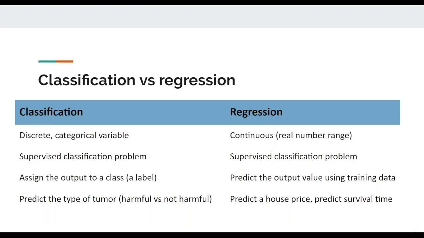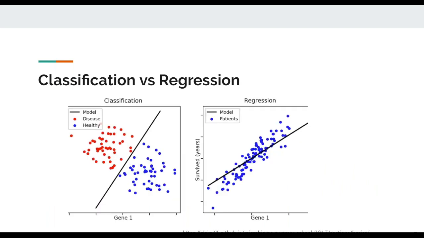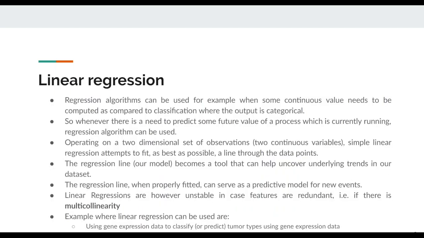Talking more in life sciences, you're trying to predict the survival time of a patient. So going back to the right-hand side, having the value of gene 1 and the regression model, you provide a value for gene 1 in the regression model and it gives you what the survived years might be. So I hope that I clarified that a bit.